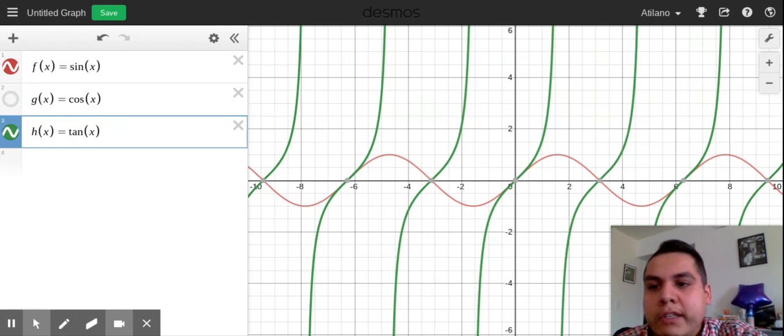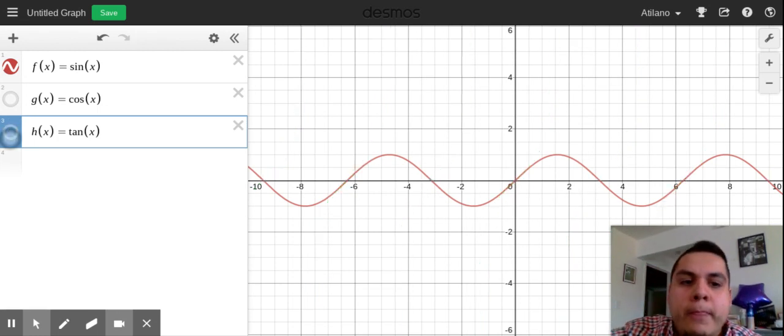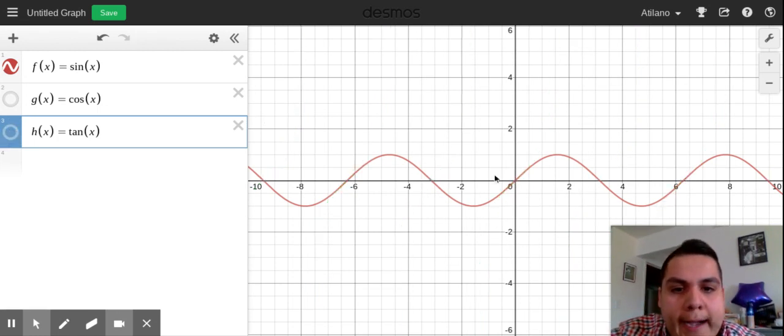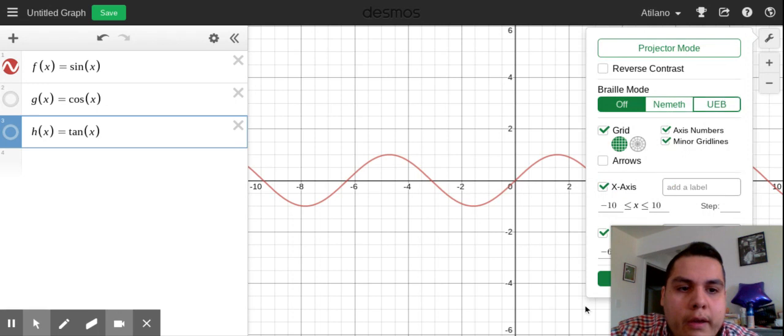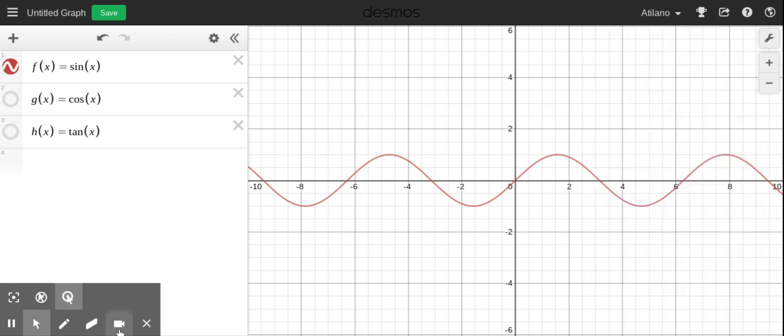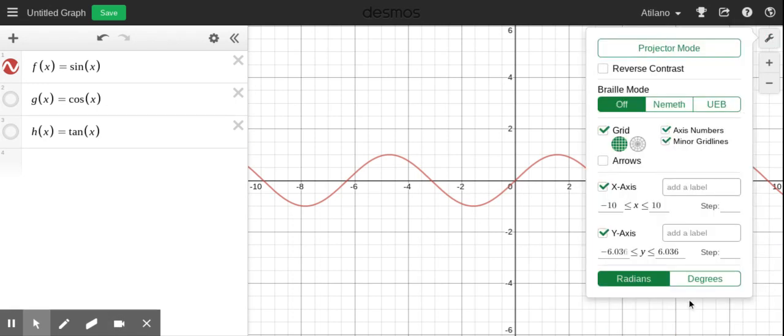So I just typed these into Desmos, and I want to hide the graphs because I don't want to look at it right now. So this view doesn't really help me. It's in radians right now, because if I click on this little wrench and hide my camera, click on the wrench, we see that the radians is highlighted.